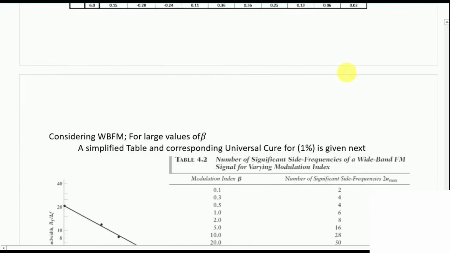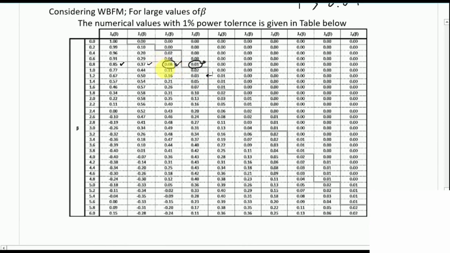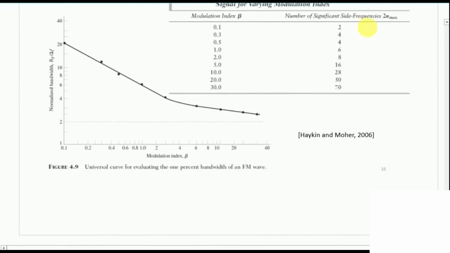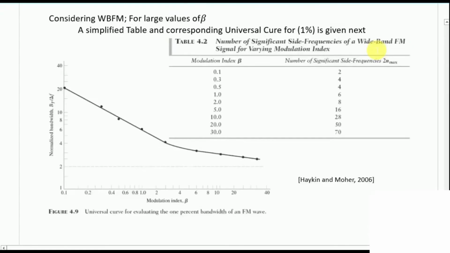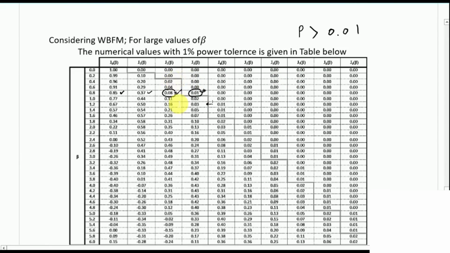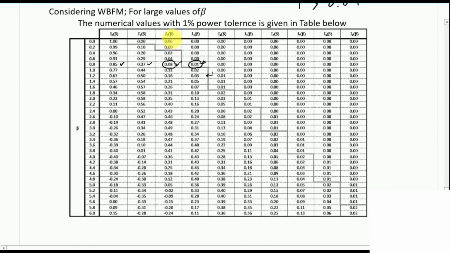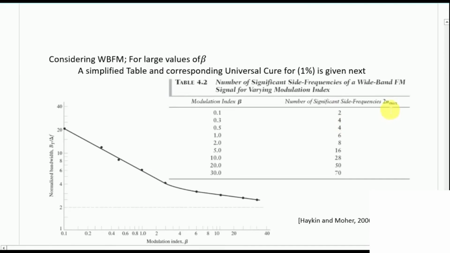Here n max is the order corresponding to the value which is just greater than 0.01, so this 2 is our n max. So over here it's mentioning 2 n max, and for these modulation indexes we have these values of 2 n max.